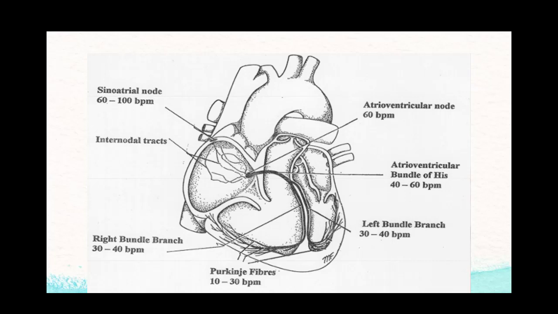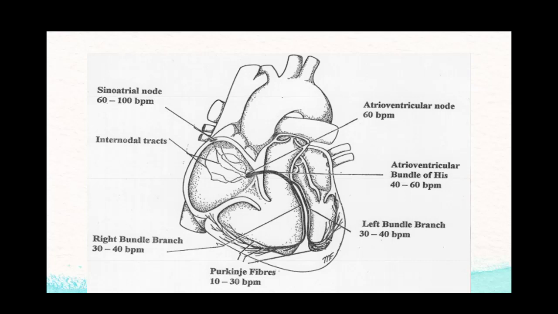These internodal tracts, I want you to think of them like interstates. We have a few interstates that connect different places in town, and we can drive faster on those interstates than we can going the back roads to different places.